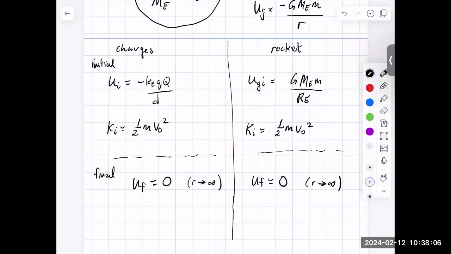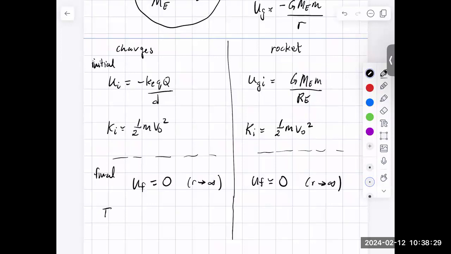I don't want the velocity to go negative, because that means it'll have turned around and started coming back. I want the charge or the rocket to come to a stop only after it's infinitely far away.